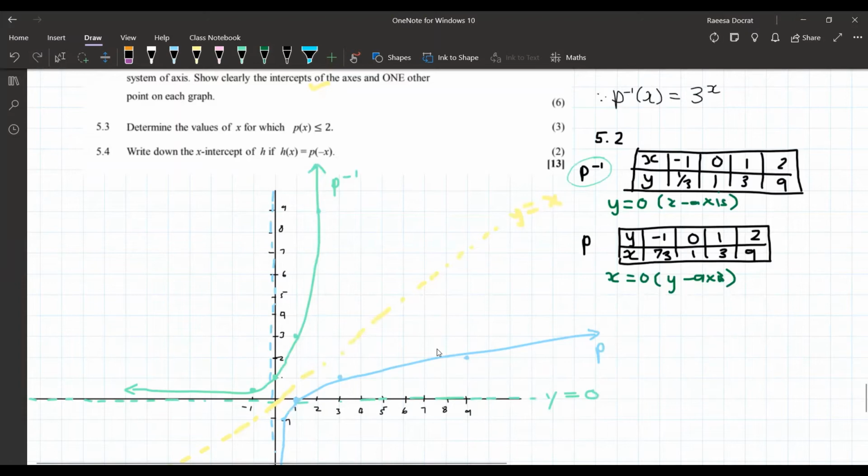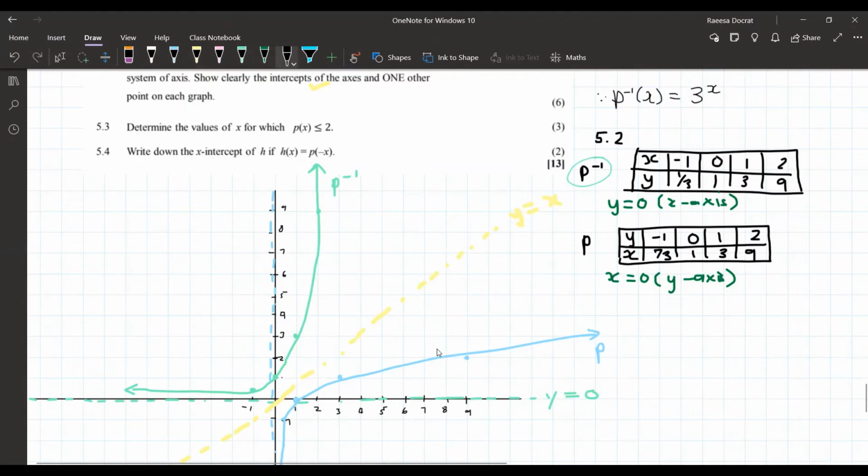It says determine the values for x for which p of x is less than or equal to 2. There are two ways of doing this. You can do it graphically, if your graph is sketched accurately.